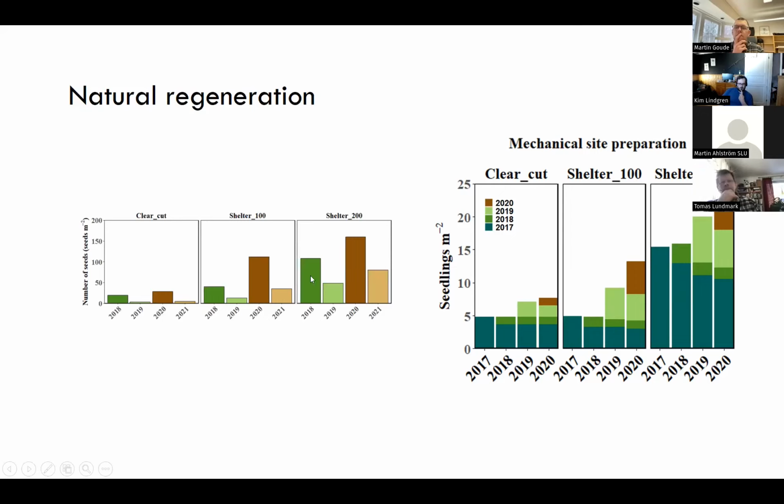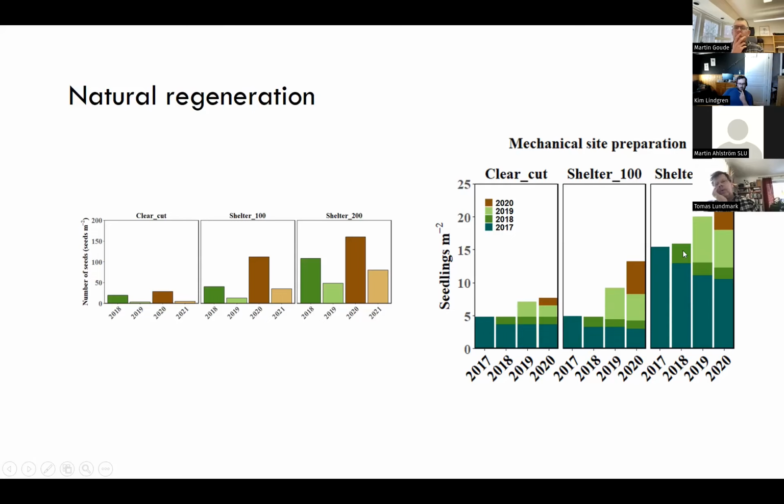If you look at the seed fall to the left, you can see that it was quite a rich seed fall in 2018, so you might have expected more seedlings in that year. But as you remember, summer 2018 was really hot and it was a dry period. So we concluded that although there were a lot of seeds falling on the ground, maybe it was too dry for them to germinate. And if you look at year 2019 and the recruitment in that year, it was much higher, although the seed fall was quite low.